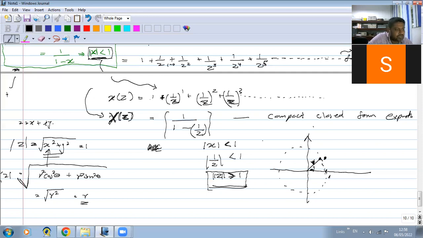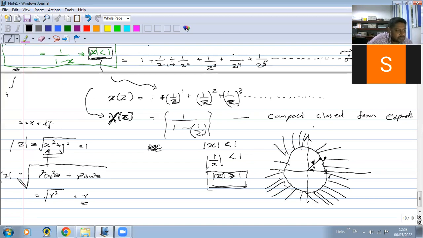So the ROC should be greater than 1. So the ROC will be outside of this range. No? So this dark area is the ROC, region of convergence, for this case, for the unit step function.